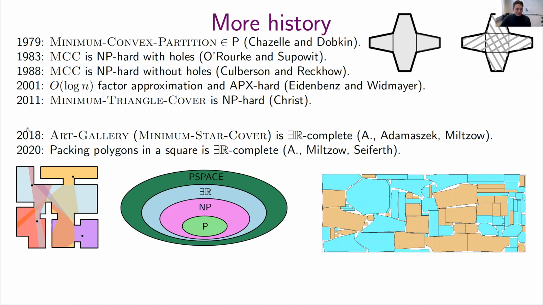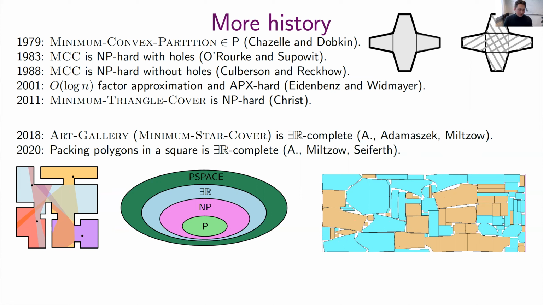Then a few years ago, we proved that another related problem, the art gallery problem, is complete for the existential theory of the reals. And the art gallery problem is actually just covering a polygon with a minimum number of star-shaped polygons. And then 2 years ago, we proved that many packing problems are also complete.